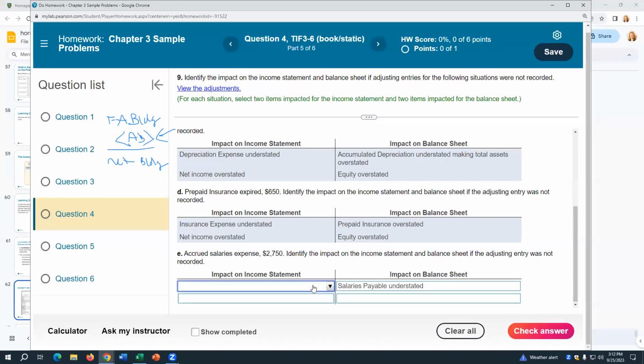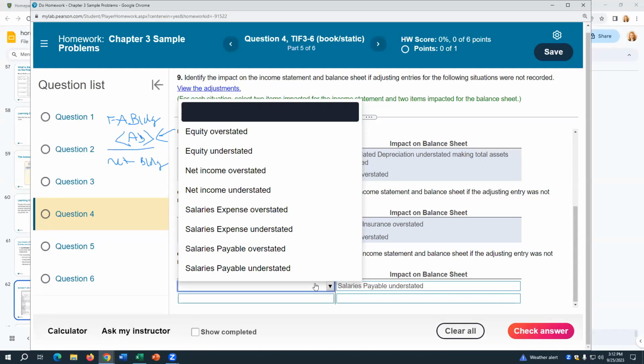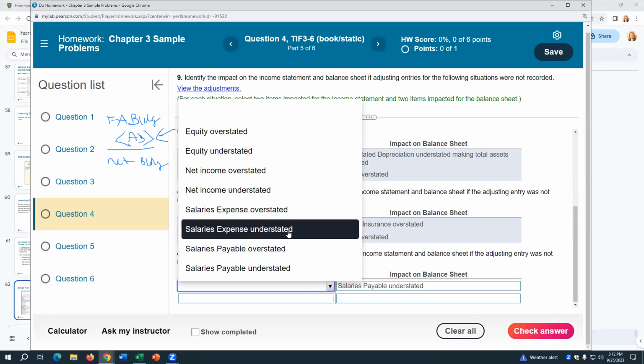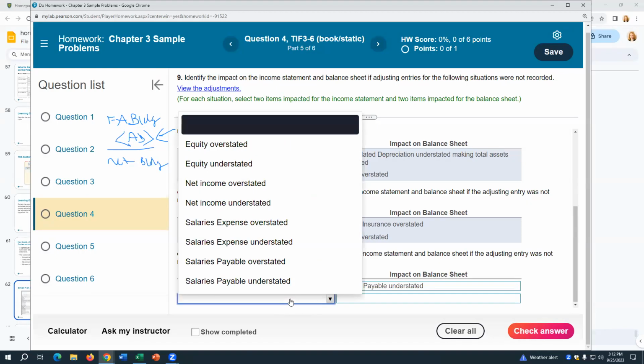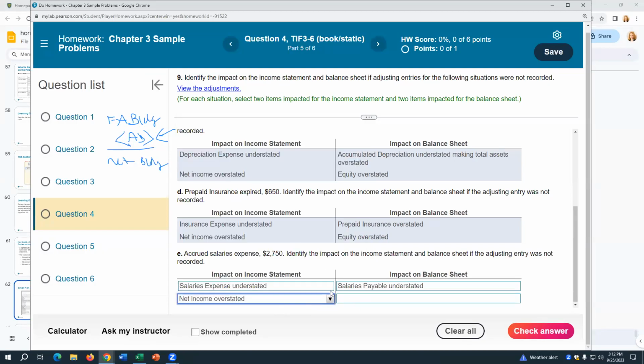So then our salaries expense would also be what? Understated, right? Because we didn't record the expense at all. So salaries expense is understated. Net income is what? Overstated. Yep. Thank you. And then impact on the equity is what? Overstated.